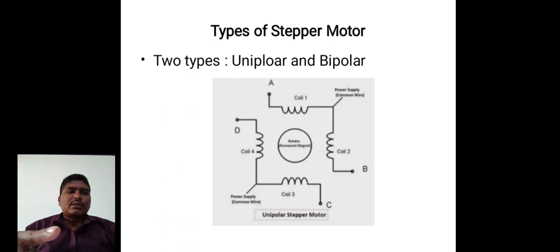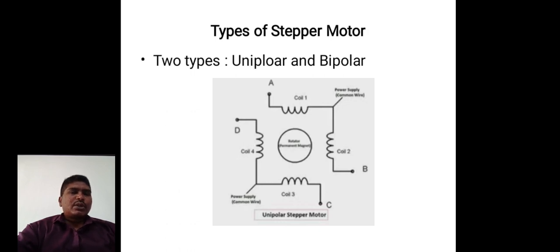If you see this figure, A, B, C, D are the four coils, located around the rotor, and the rotor represents the permanent magnet which rotates. Whenever the coils are energized by applying current, an electromagnetic field is created, resulting in the rotation of the rotor, that is the permanent magnet. This is the basic principle of the stepper motor.